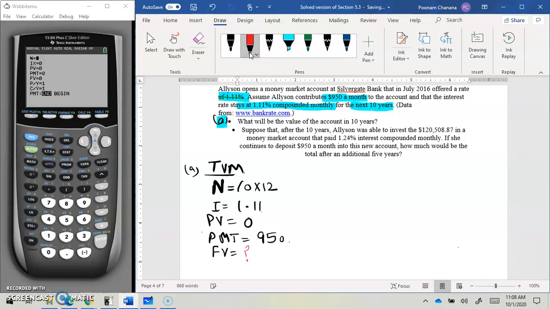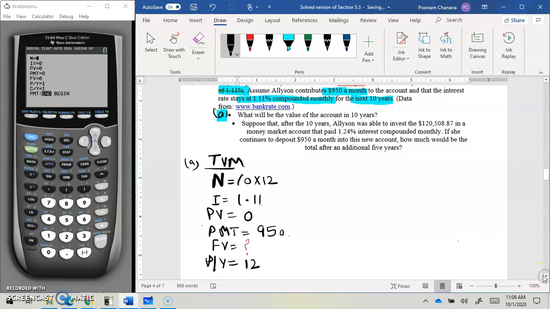That is your question. Payment per year. How many payments she's making per year? She's making 950 1 month. That means in 1 year she's making 12 payments, and compounding per year is also 12 because it is compounding monthly, remember? So let's enter all that and calculate future value.